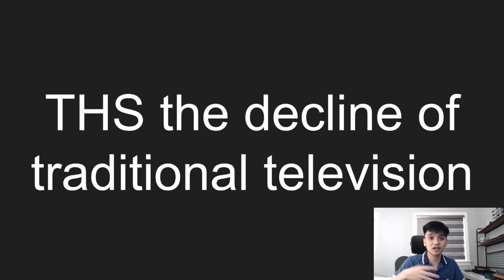And so you'll argue why that's the case. Of course, it's quite easy to argue why algorithms are very good at pertaining to your preferences.